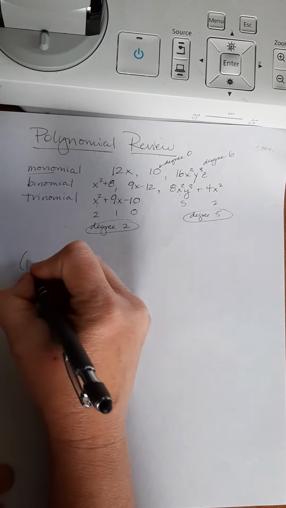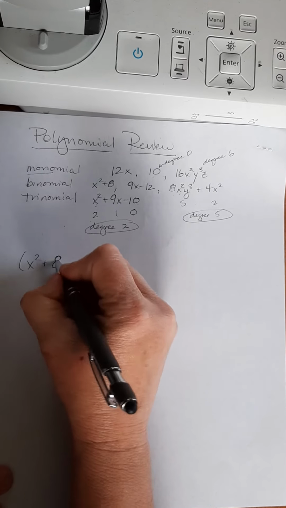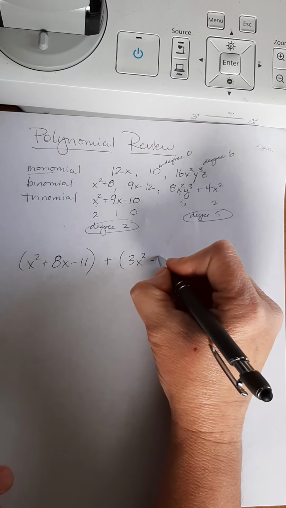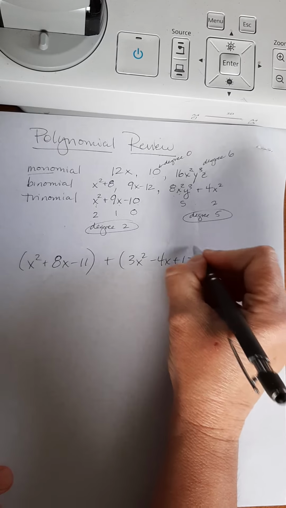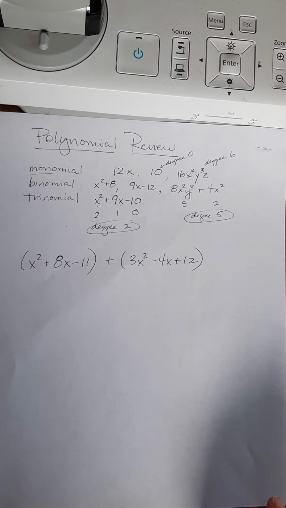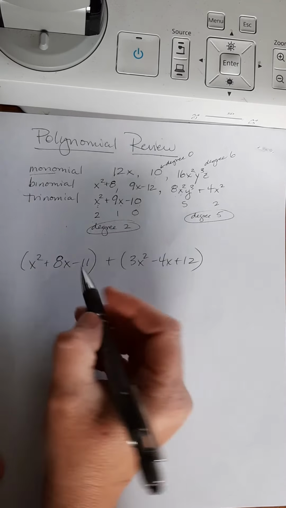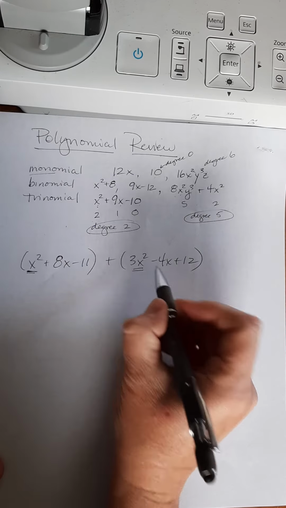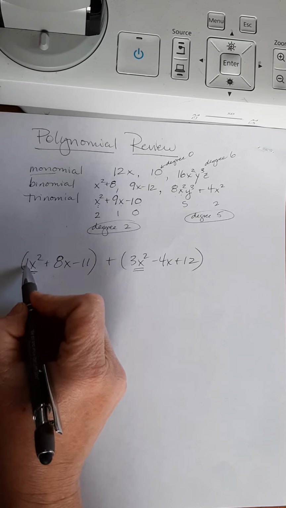Now the fun stuff. Let's say I wanted to add some. If you want to add, you simply add the terms that are alike. Remember, the variables have to be the exact same variables represented and the same power. In other words, I've got x squared, and there's an understood 1.